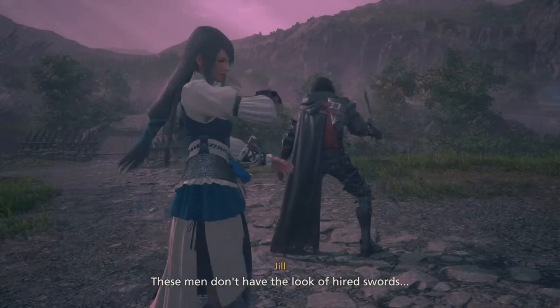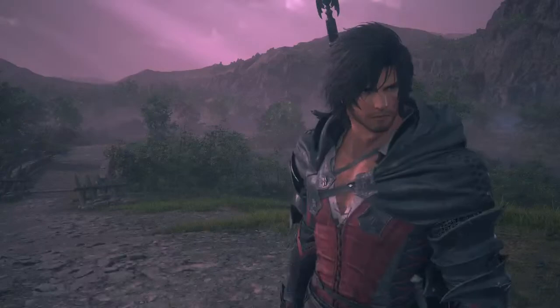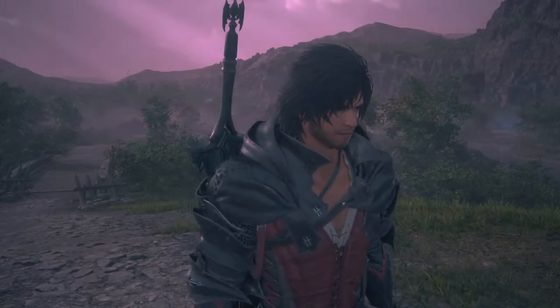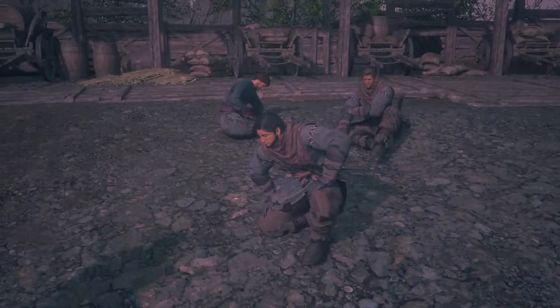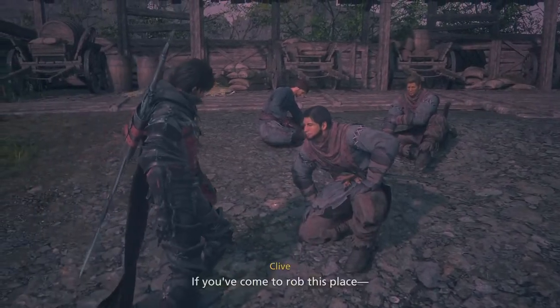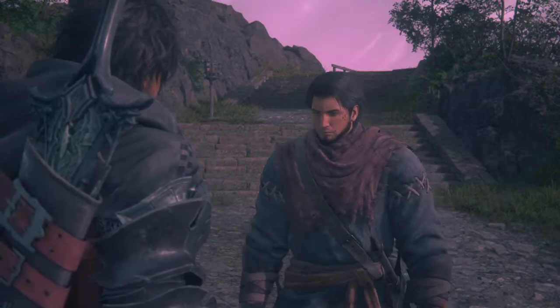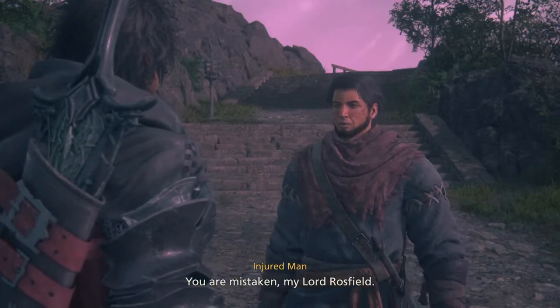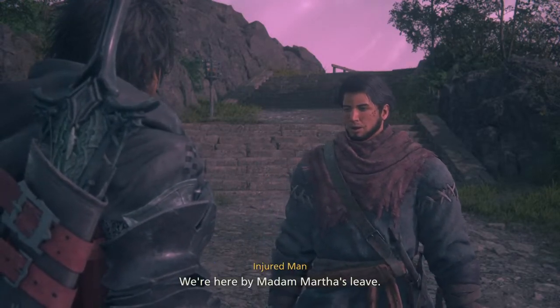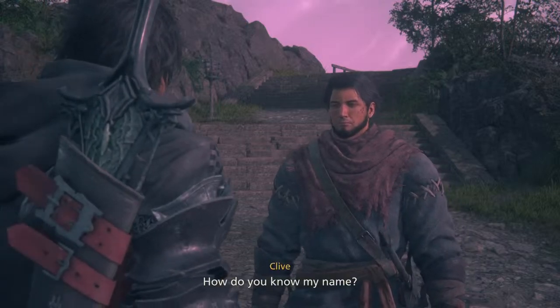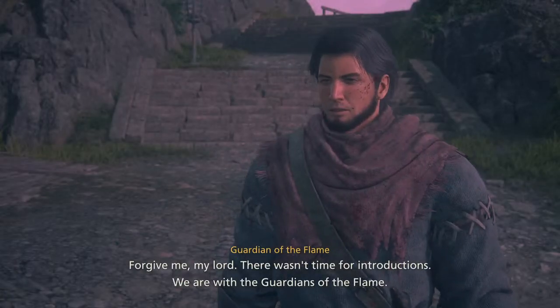These men don't have the look of hired swords. If you've come to rob this place, you are mistaken, my Lord Rosfield. We're here by Madame Martha's leave. How do you know my name? Forgive me, my lord.